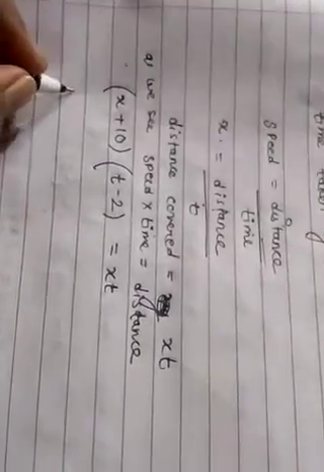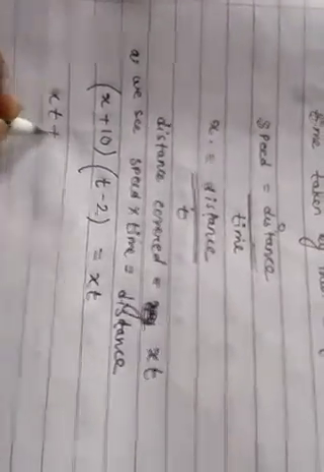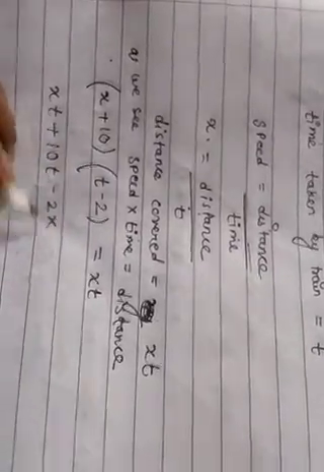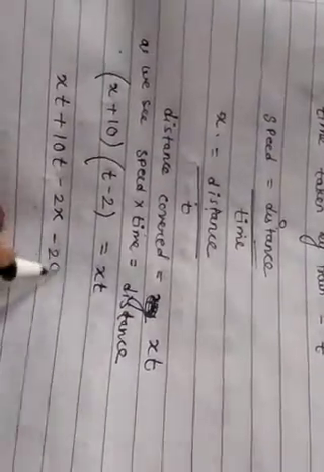Now we are solving this, so it will become xt plus 10t minus 2x minus 20 equal to xt.